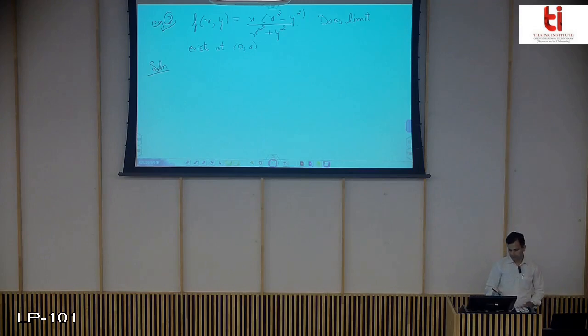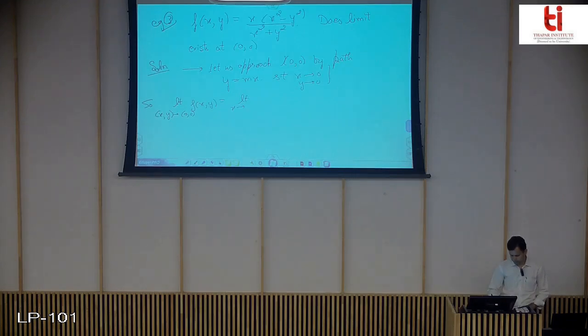In this question, looking at the function, let us approach 0, 0 by the path y equals mx, such that as x tends to 0, y tends to 0. So I have the limit as (x, y) tends to 0, 0 of f(x, y).